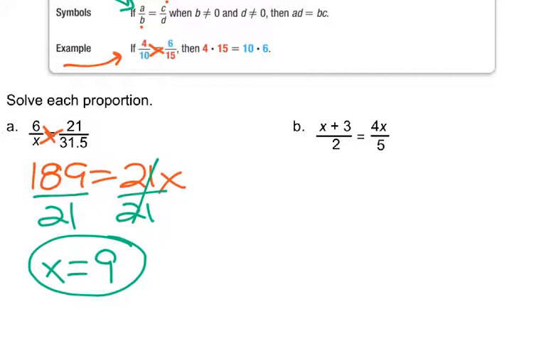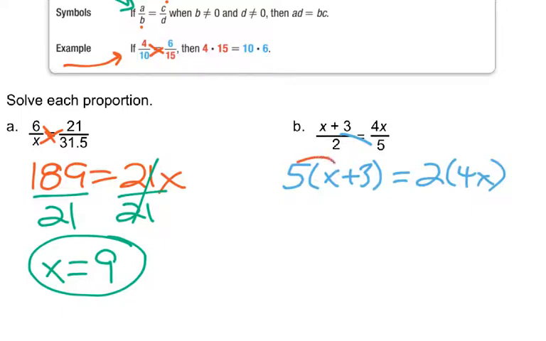Now notice on B though, you have to watch out because of that plus sign. It's easy to make a mistake here. Remember, you're multiplying the entire numerator by the entire denominator. But what you're going to want to do is put that in parentheses. Because of that plus sign, you're going to have to distribute the 5. So don't forget to distribute the 5 to the 3 as well. So that gives you 5x plus 15 is equal to 2 times 4x, which is 8x.